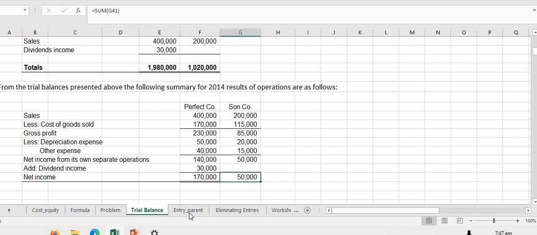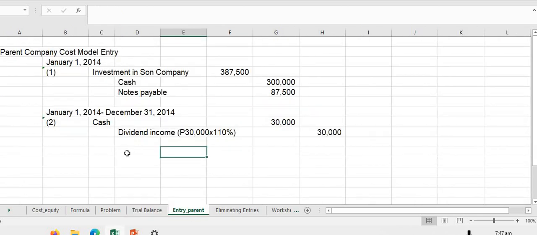Okay, so what is the entry of the parent in 2014? In our previous video, we've discussed the entry of the parent under the cost model, the method in accounting for investment in subsidiary account.